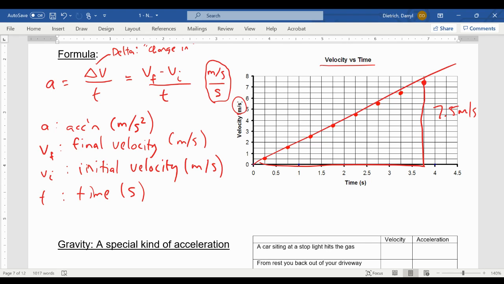So this object has changed its velocity by 7.5 meters per second in a time of, this run would be 3.75 seconds. If we find that slope, its rise, 7.5 meters per second, divided by the run, and we divide those out, we find that the acceleration of this object will be 2 meters per second squared. Again, we'll come back to that in more detail.